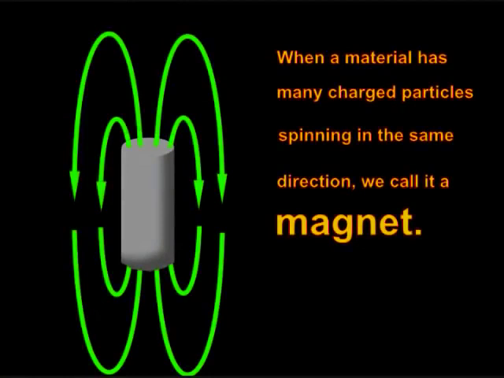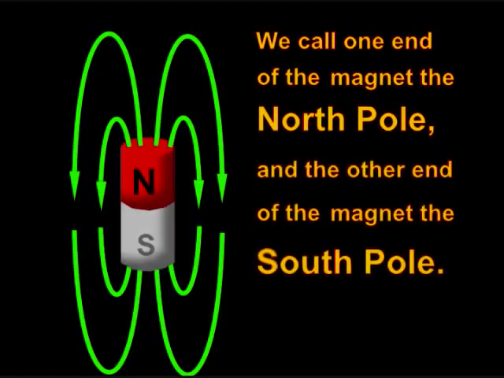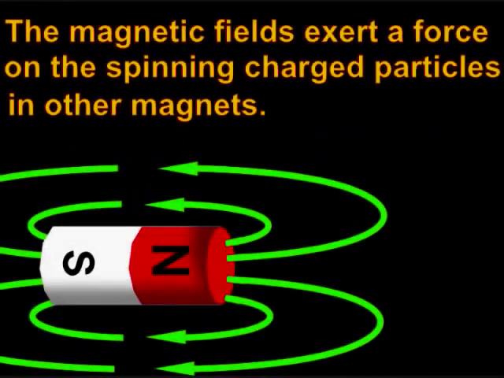When a material has many charged particles spinning in the same direction, we call it a magnet. We call one end of the magnet the North Pole and the other end the South Pole. The magnetic fields exert a force on the spinning charged particles in other magnets.